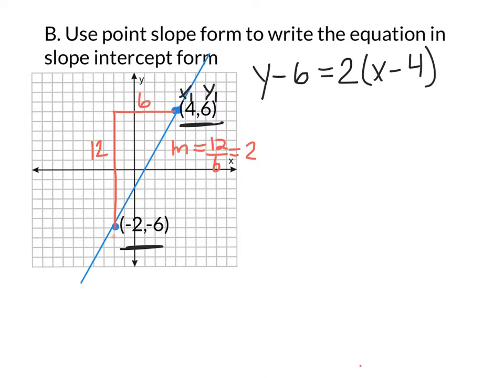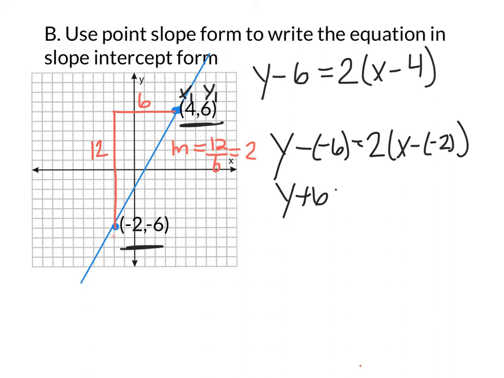So in point-slope form, that's one of the equations. You could also use the other point, y minus -6 equals 2 times x minus -2, which becomes y plus 6 equals 2 times x plus 2.